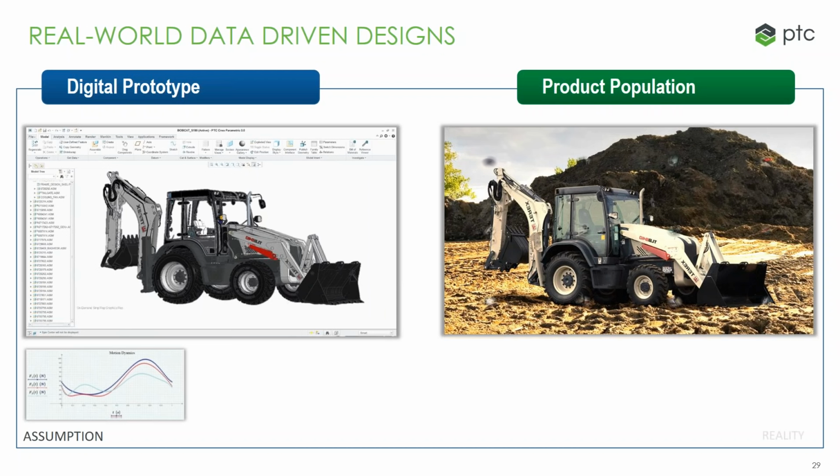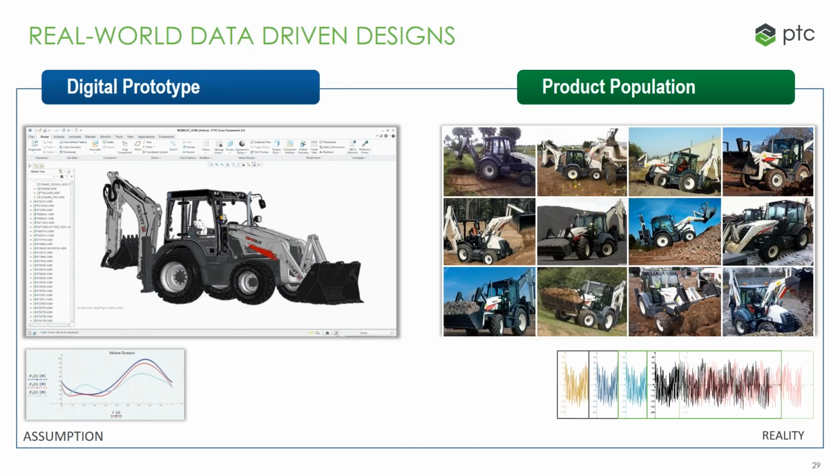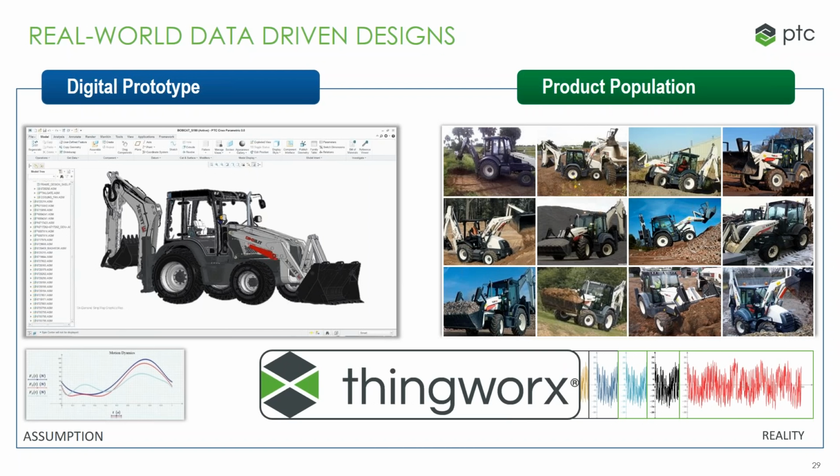But if I've got similar products out there in the field, not just one, but hundreds or thousands of products, and I'm able to capture the usage information from those products, I'm able to analyze that usage information. From there, I can capture the full, actual, true working envelope and use cases for my design.